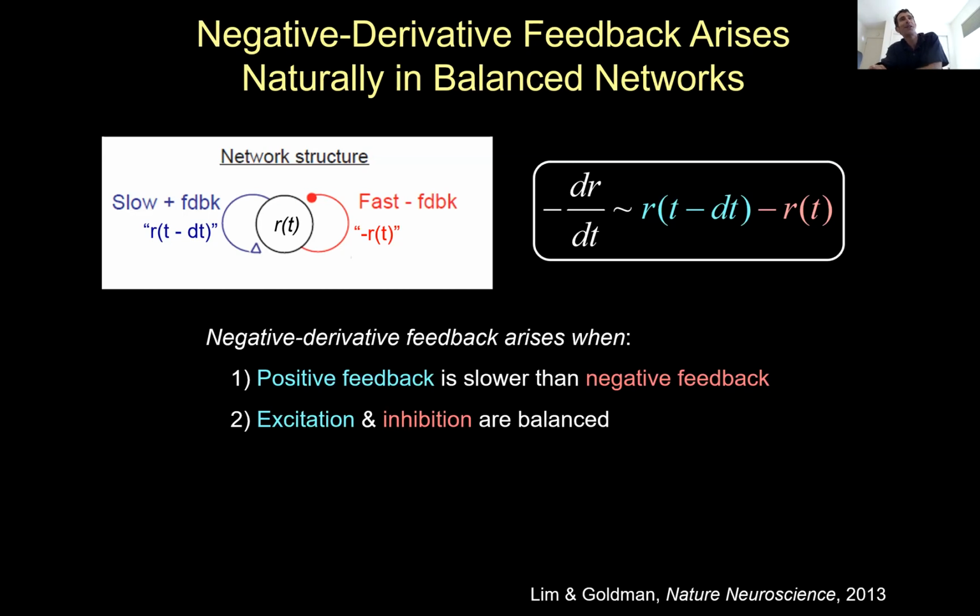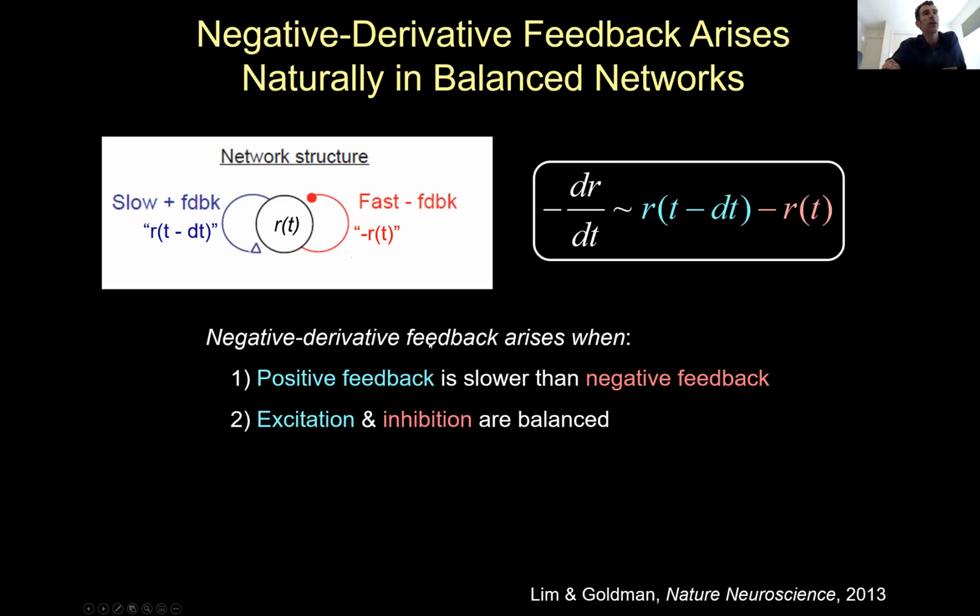Just to remind you, the negative of a derivative goes as r of t minus dt minus r of t. Putting it into the context of firing rates, we need feedback that has equal amplitude, coefficients of 1, but offset in time to perform the derivative operation.